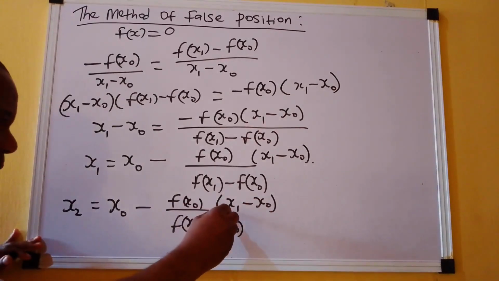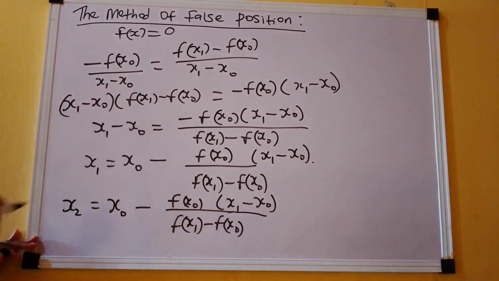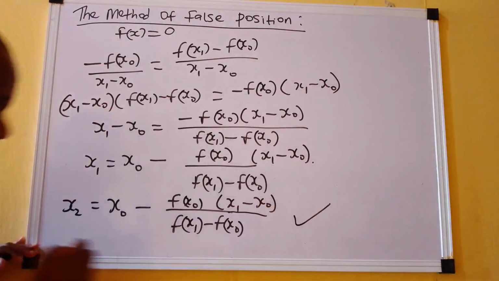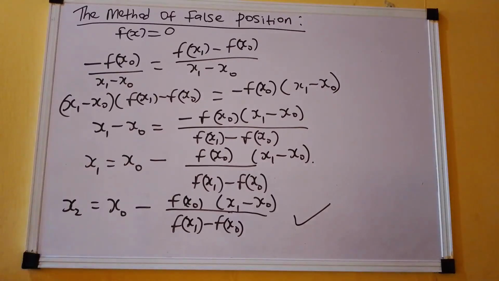So this will now be the method or the formula that is used in this method of false position. Now you will know why it is called false position.